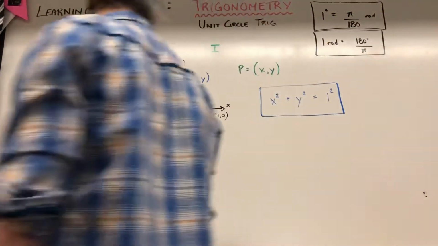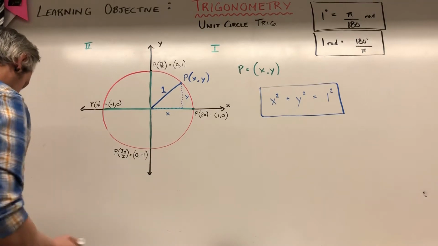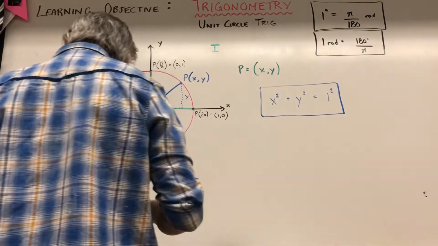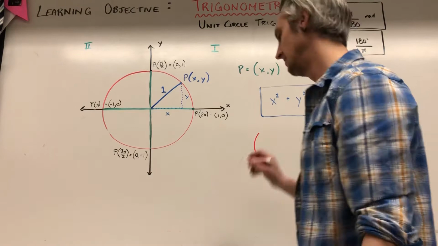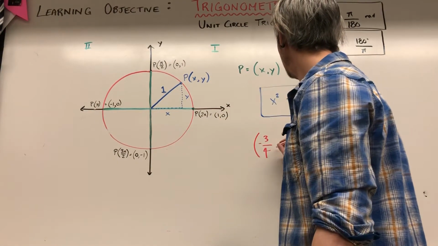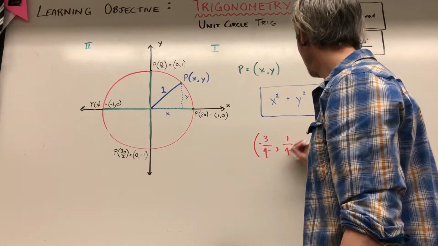If I go into the textbook problems, it asks things like, are the following points on the unit circle? How do you know? They'll give me coordinates like negative 3/4 and a positive quarter.